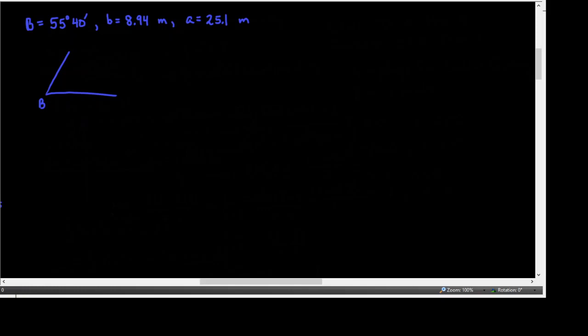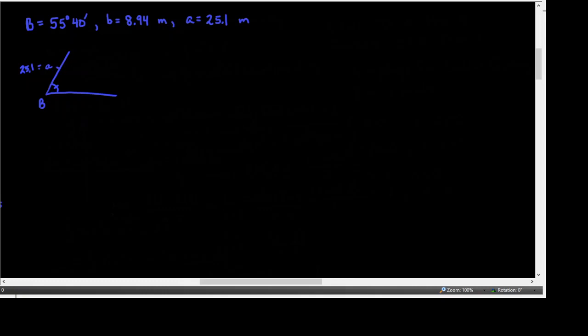It just has to be definitely acute. So that's what I was going for here, was an acute angle, less than 90 degrees. Side A, I'm going to label right here, and it's 25.1 meters, of course.